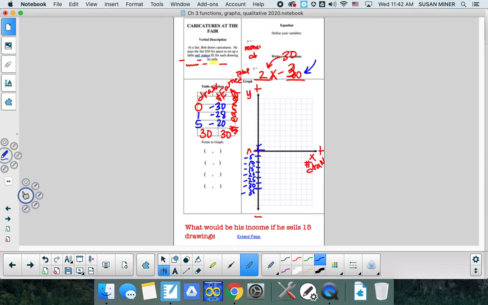Up here, this will be 5, 10. Let's go up to 20 so that we can, this will be 30, 40. Okay.